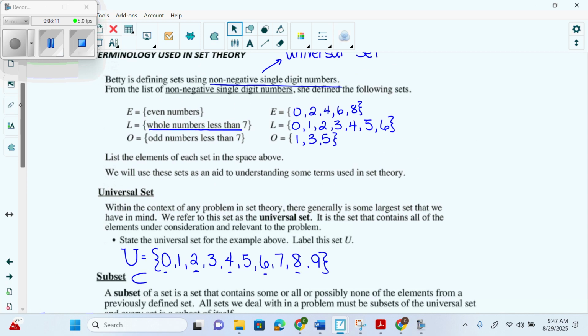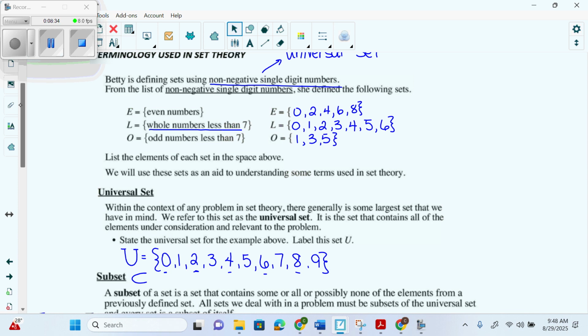So let's look up here. Is E a subset of L? E has 0, L has 0. E has 2, L has 2. E has 4, L has 4. E has 6, L has 6. E has 8, L doesn't have 8.